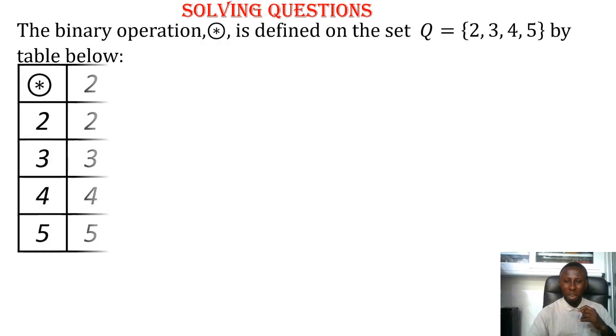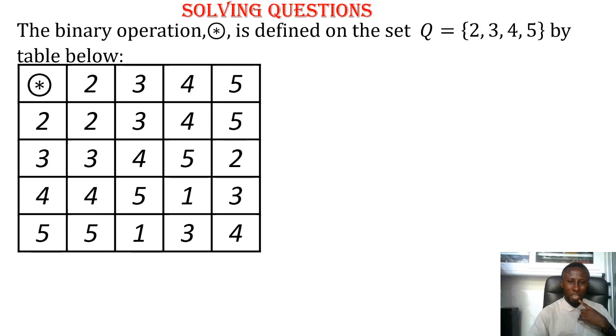So let's compare our answers. What are your answers? The first question: determine whether it's closed or not. With closure, the elements in the table must belong to Q, the set here.